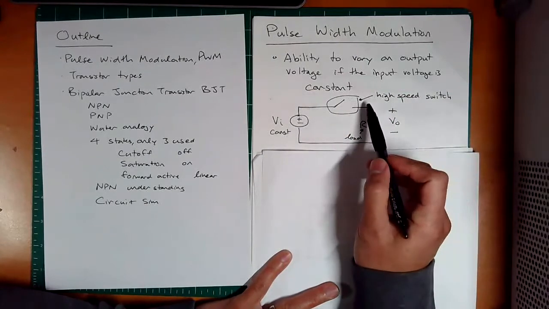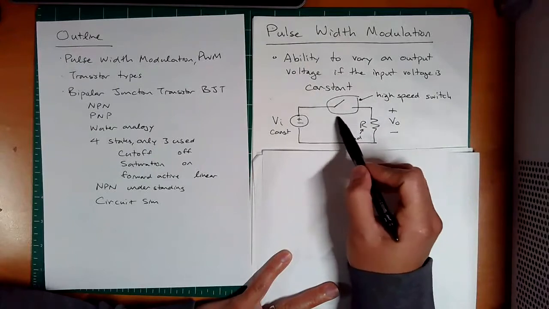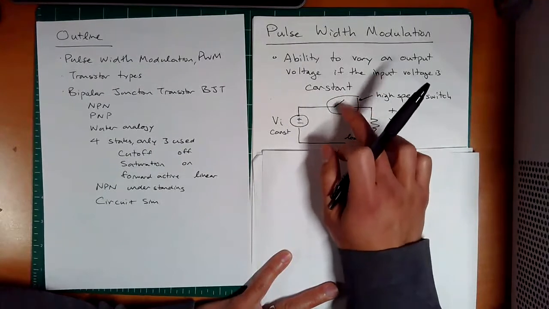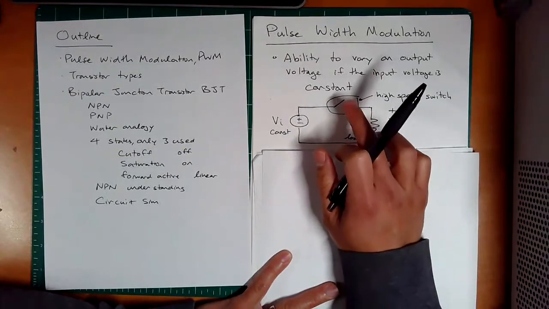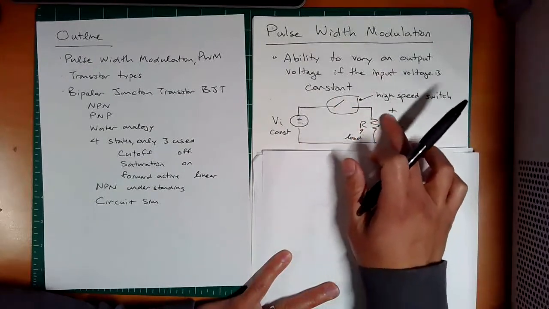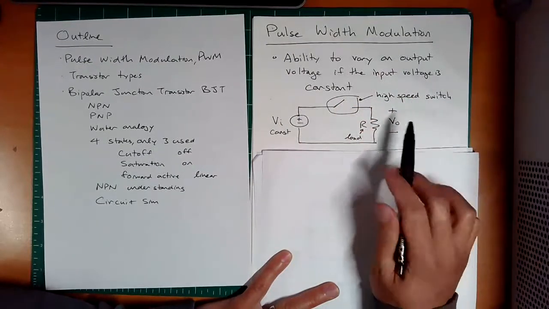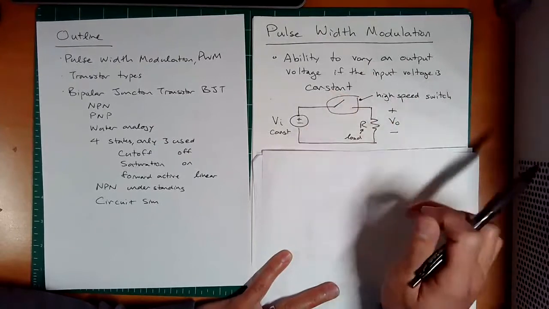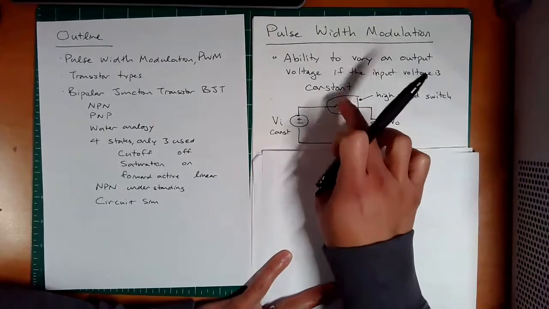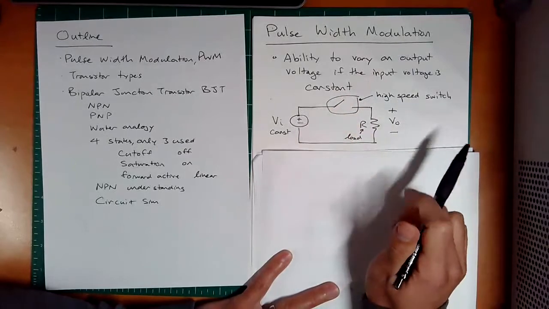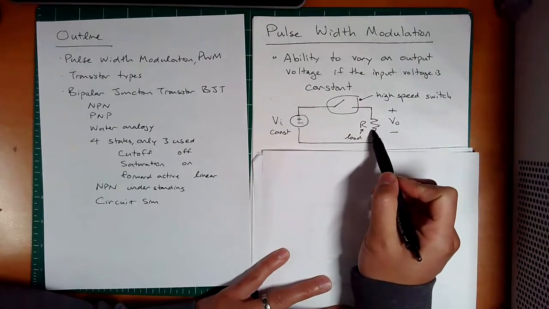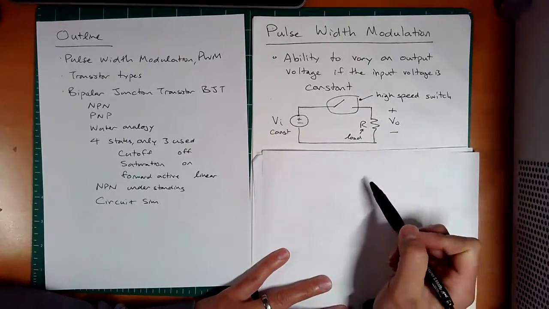So the concept would be, can we use a high speed switch and open and close the switch very fast in a specific way so that this simulates a variable voltage and variable current? Now, mechanically, this is going to be difficult. If I literally push a mechanical switch to try to do this, it's impossible. You're going to have this herky-jerky voltage and current on your load.